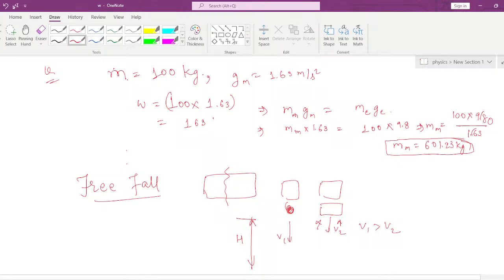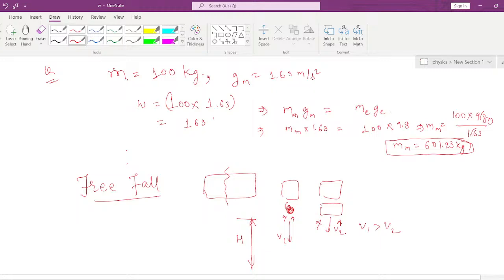So thus the actual free fall is possible only in a vacuum. Whether there is also air resistance applied on a falling object, compared to that it is very low.